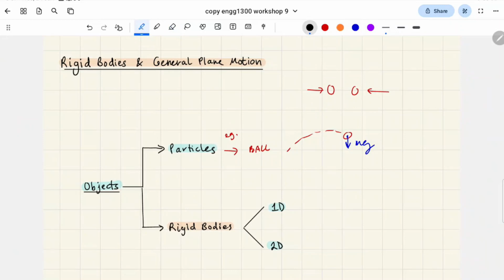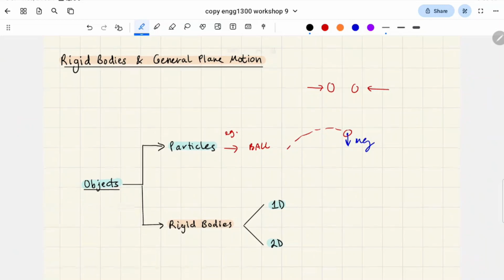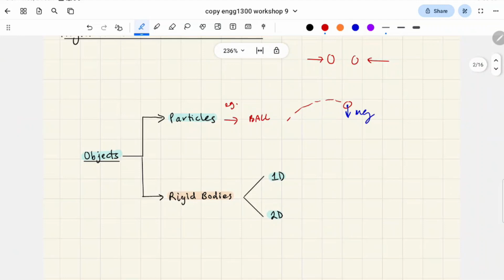For rigid bodies, we've talked about beams in the first half of the course as a 1D rigid body, but in the context of today's lesson, we'll be talking a lot about rods, which are effectively like moving beams.